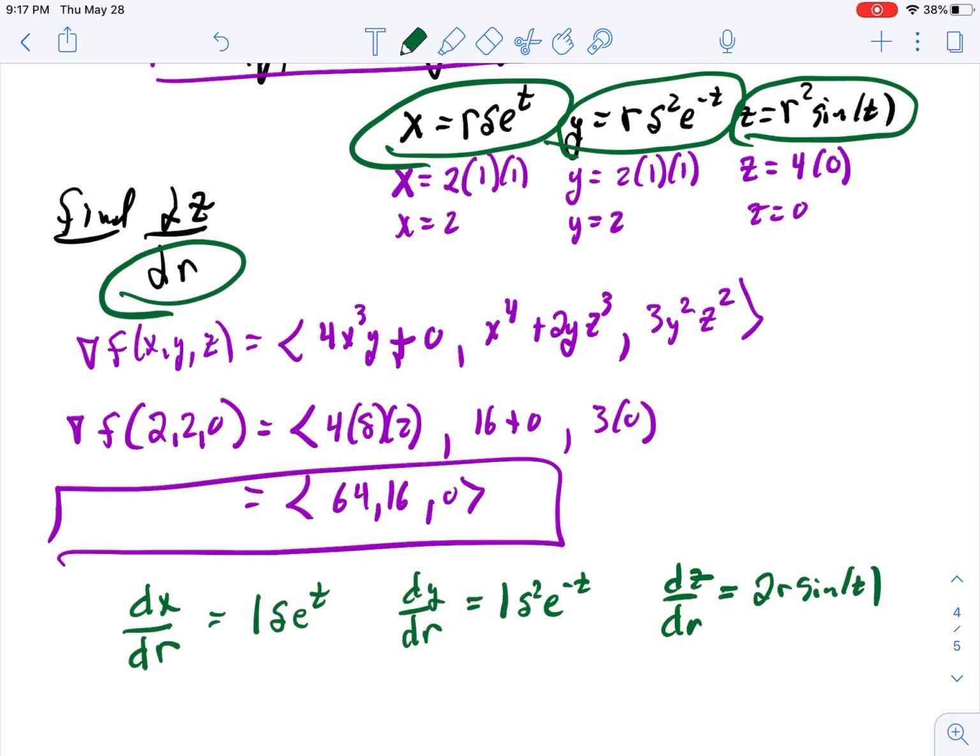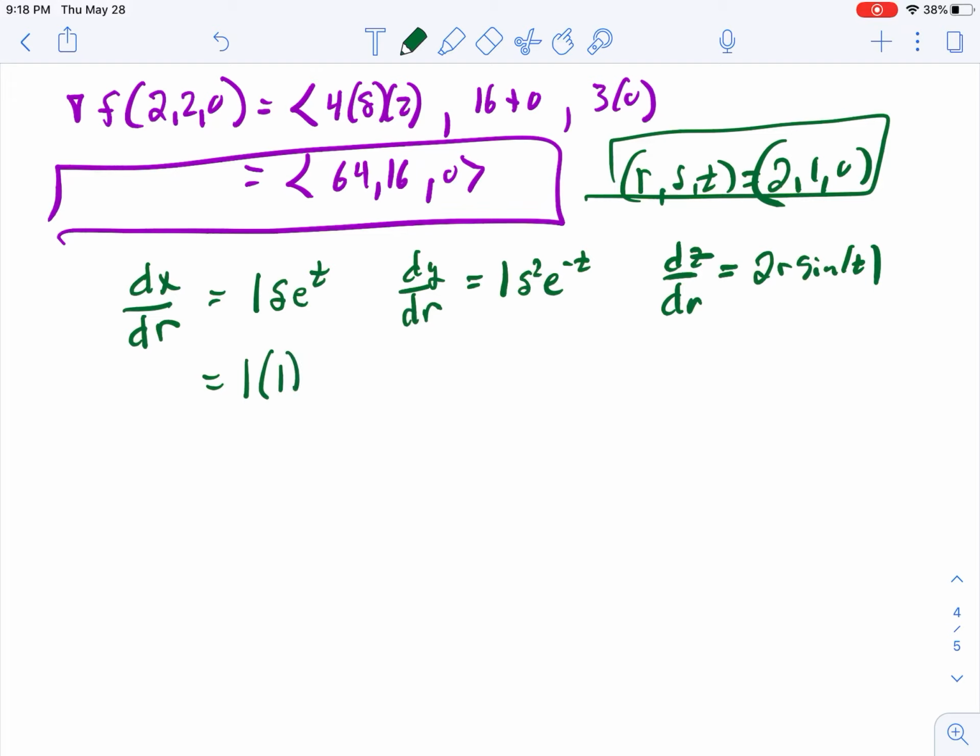Okay, so let's plug in our numbers here. Let me rewrite here, r s t is 2, 1, 0. Let me rewrite them there so I can see it, move things up now. So for this one, we have 1, s is 1 and e to the 0 is 1, so that would be 1.